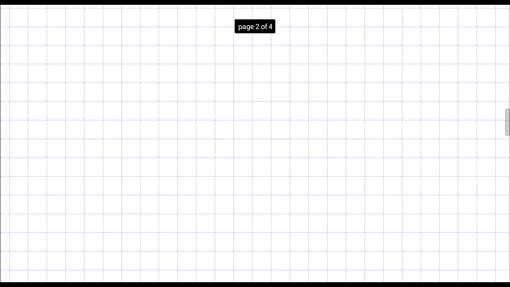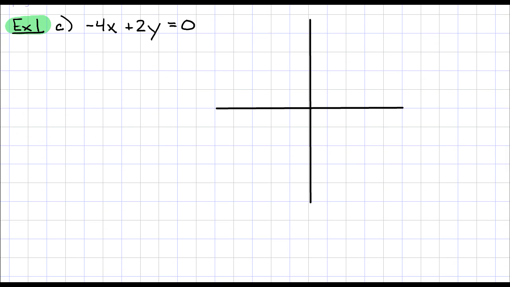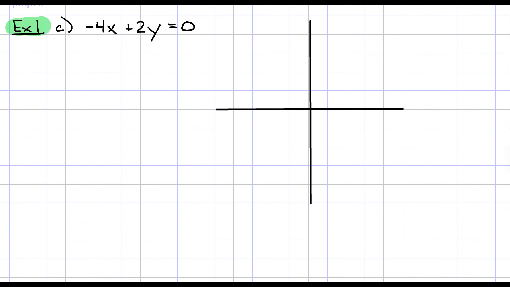Okay, part C. I need to, again, start by finding the intercepts. So we'll look for the x-intercept. Oh, excuse me, let me fix this. Okay. So we start by finding the x-intercept, which is where y is equal to 0.